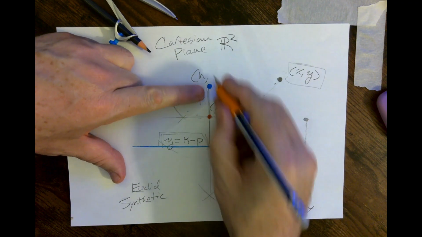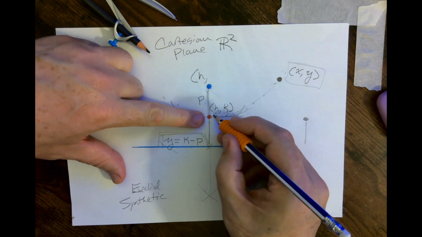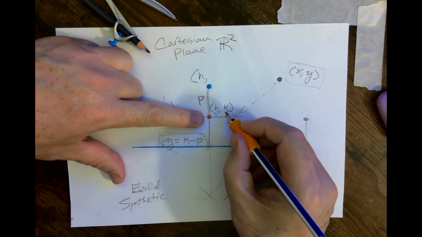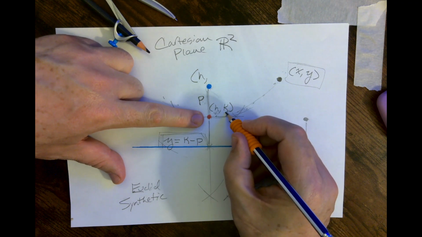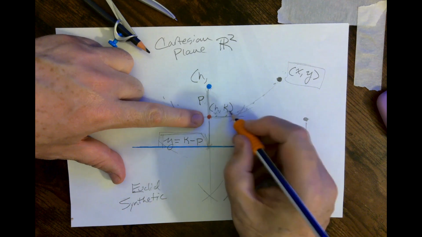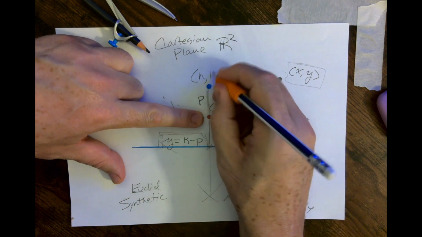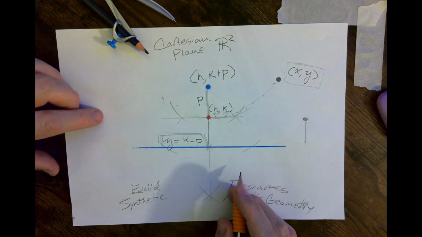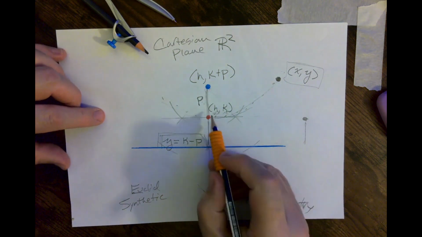This y-coordinate for the focus is a p distance higher for its y value. So it's k plus p.